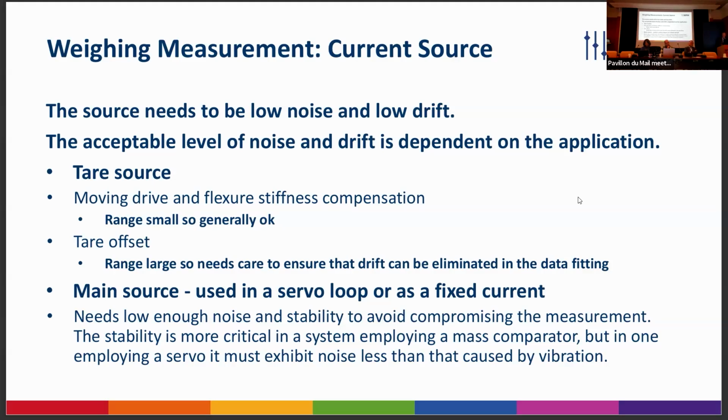In a servo, effectively, the servo is getting rid of some of your current source noise by adjusting itself. And as long as the noise of the current source is less than the noise that you see when the servo loop is active, you're fine in general.